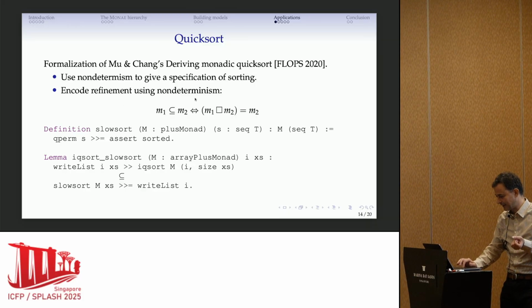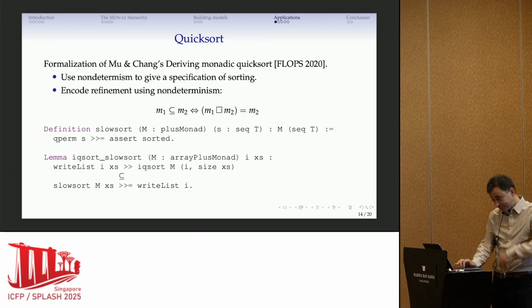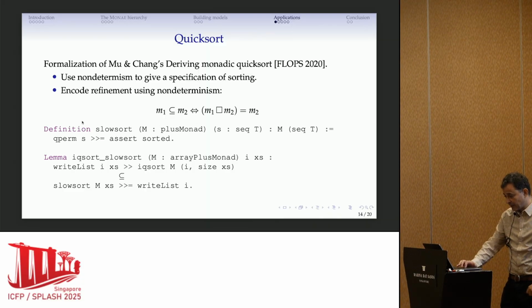Saying that program M1 refines M2 is the same as saying that the nondeterministic union of M1 and M2 is equal to M2. That is, it means that M1 is already included in M2. And then what do we prove?